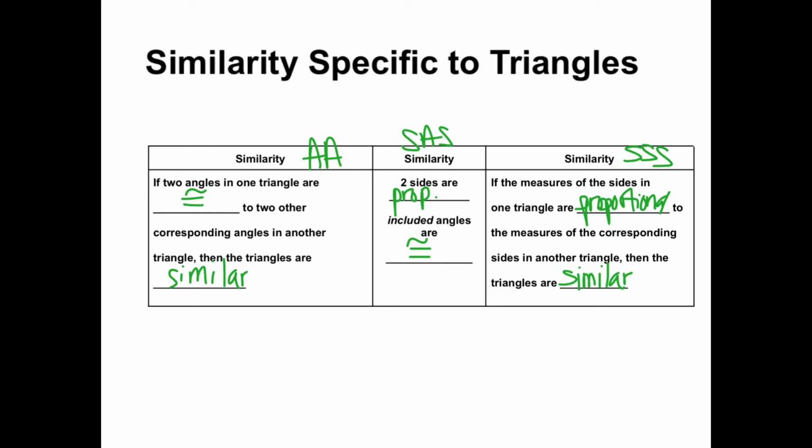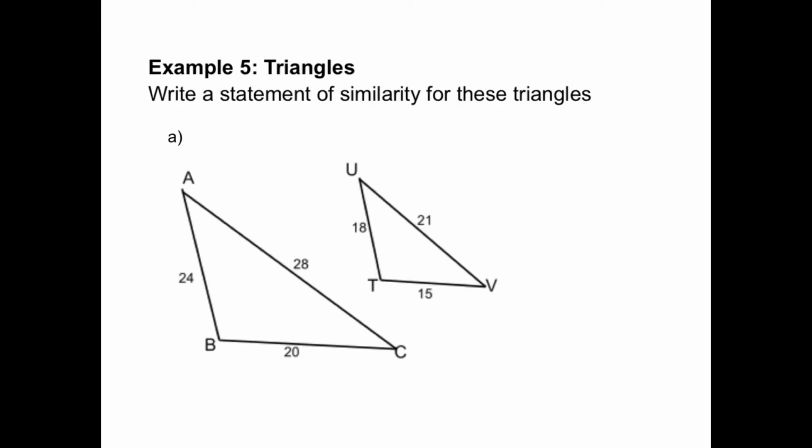We did really already have this concept of similarity previously. This is just specifically as it applies to triangles. And using those similarities actually allows us to write a similarity statement, much like our congruent statements back from a previous chapter. So first thing I'm going to do is check to see if I actually do have proportional relationships here.